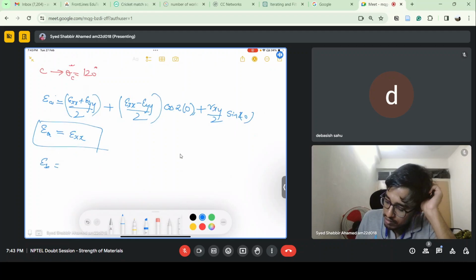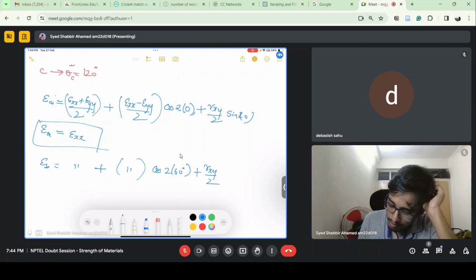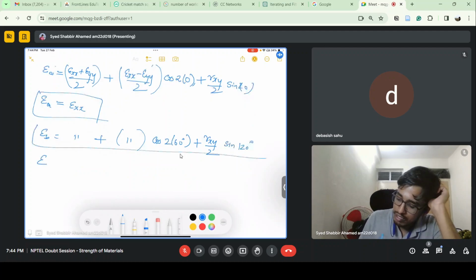So strain in strain gauge A will give me epsilon xx. Then I go to epsilon B: the same thing, with cos 2 theta, which is cos 120, plus gamma xy by 2 sin 2 into 60, which I'll directly write as 120.